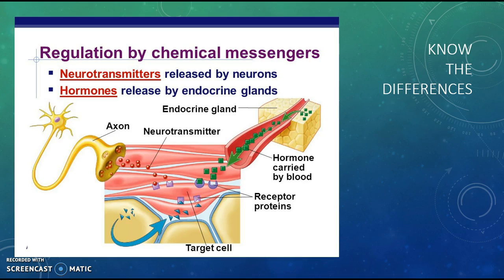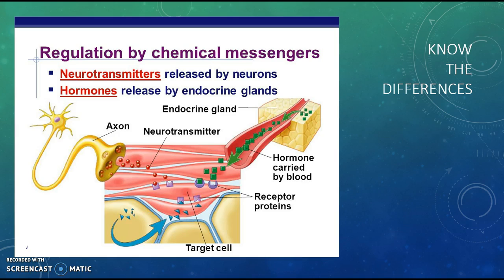It's important to know some differences between chemical messengers within our body. Two different systems that we have going on are our nervous system. The chemical messengers of the nervous system are neurotransmitters, and they're released into the synaptic gap. They're receptor proteins that reach their targets on the receiving dendrite.